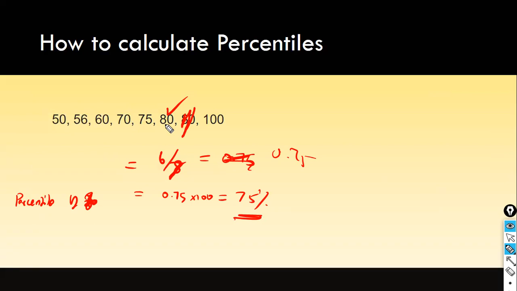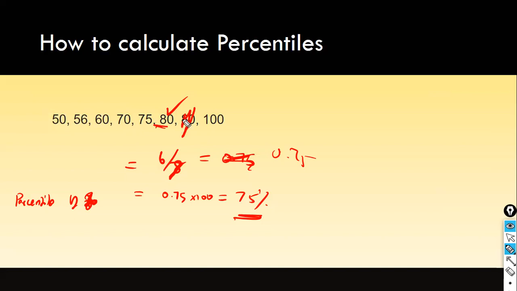You are standing in the 75th position. 75% of the sales achieved in the data set are less than or equal to 80. That is what we can tell.